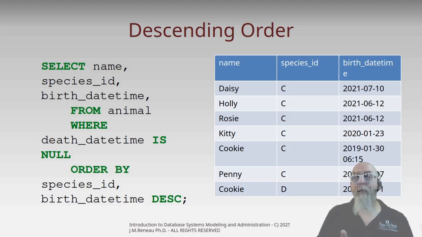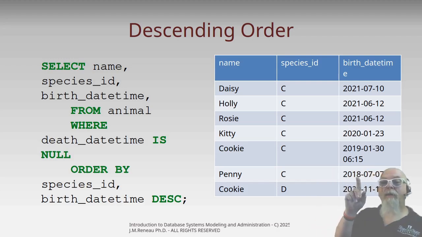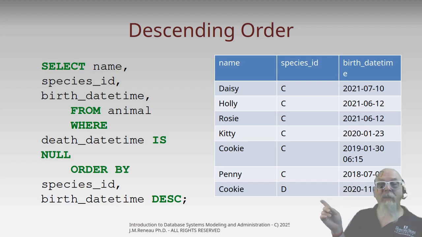So this report shows all of the living animals sorted by species, descending by birthday. So it shows the youngest first going into the oldest. You can see above that the oldest cat is last because we have said descending in our SQL statement.